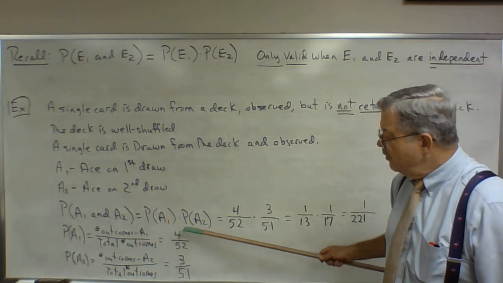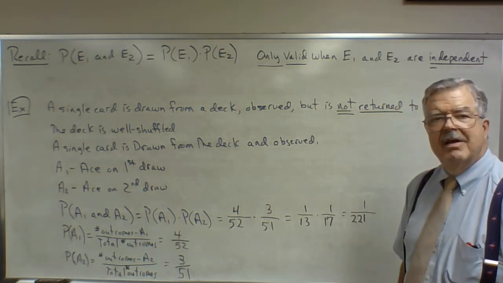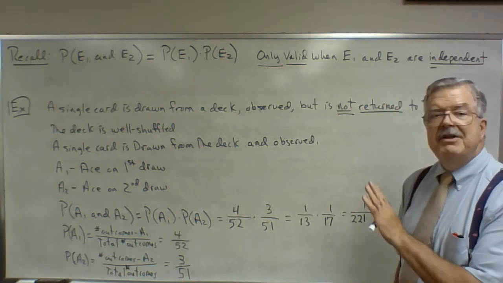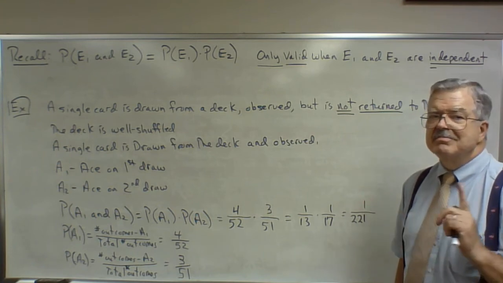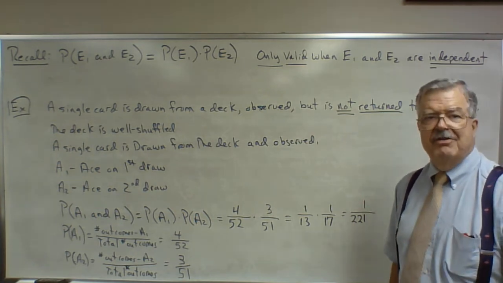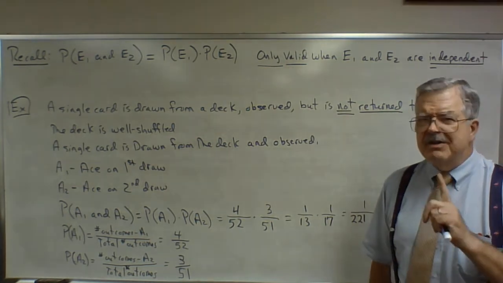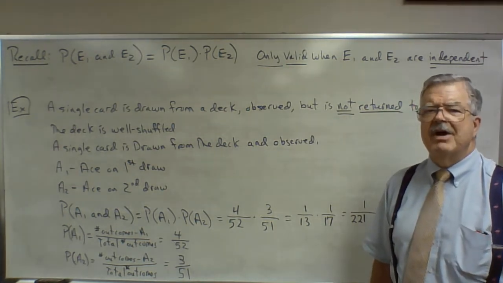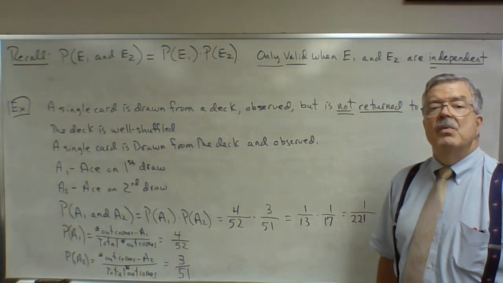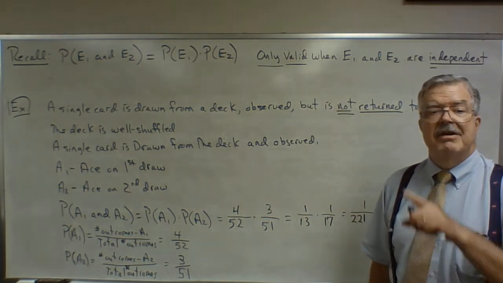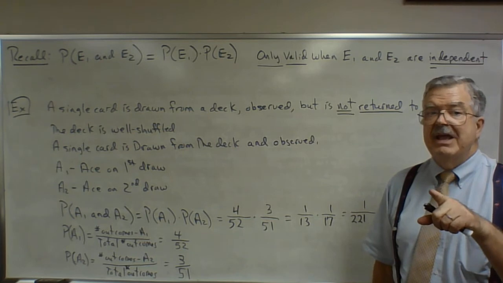So why did this formula work? Well, what we did was correct. It was our notation that wasn't correct, because in the last lecture, we didn't know what a conditional probability was. We didn't know what the probability of A2 given A1 was.